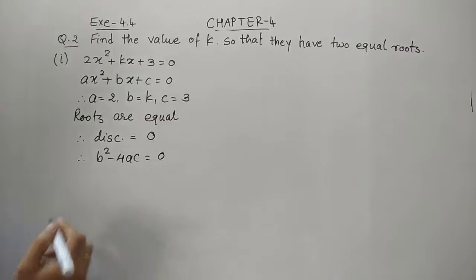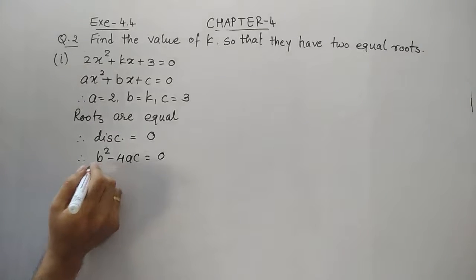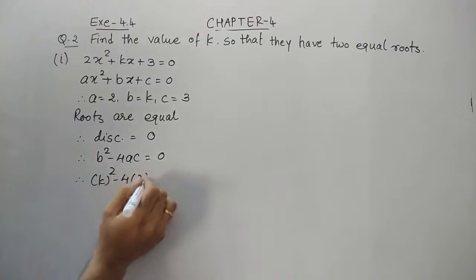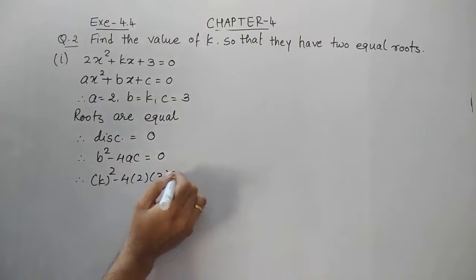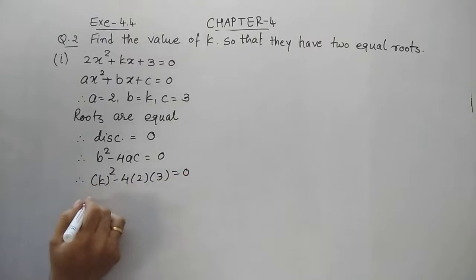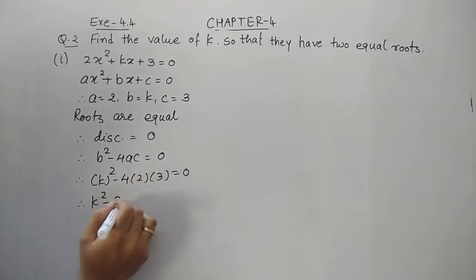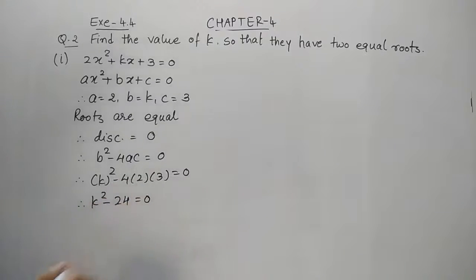according to the nature of the roots. Let us substitute this value. B is k, 4 a and c, that is 0. So we'll obtain that k square minus 4 2s are 8, 8 3s are 24. So we can say that k square is equals to 24.